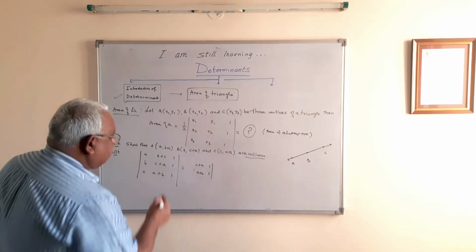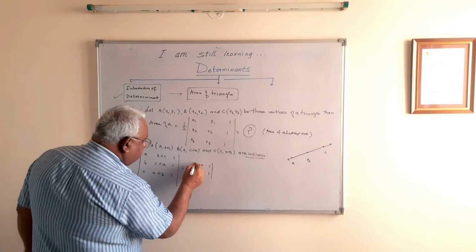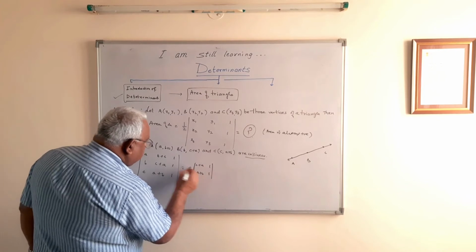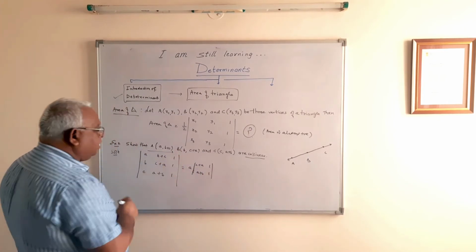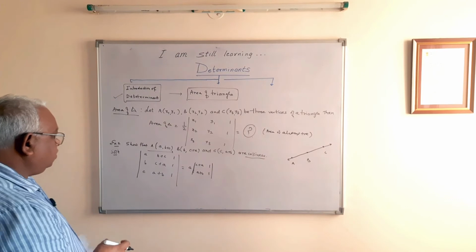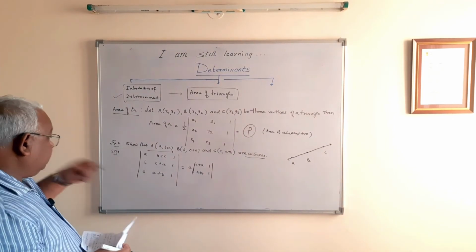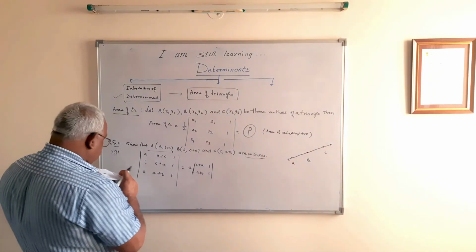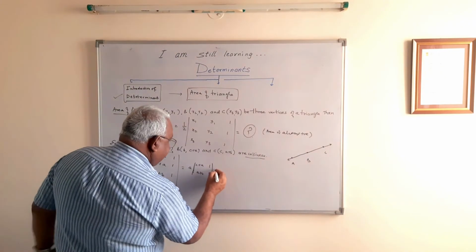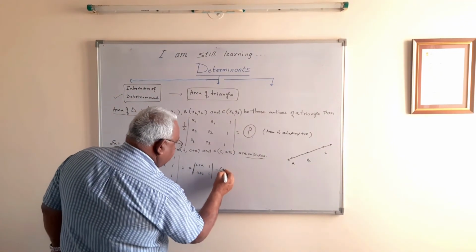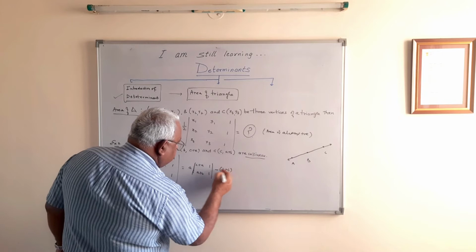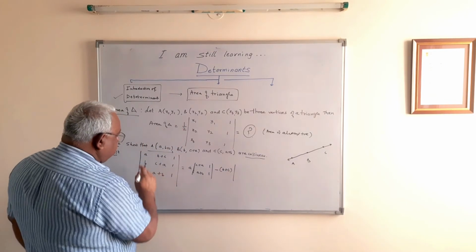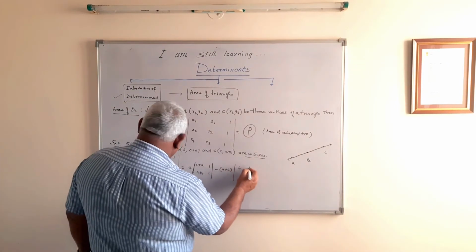You can directly expand it. I am expanding along the first row itself so that you don't face any problem. This is 1, 1, so it is positive. Then you have minus B plus C.